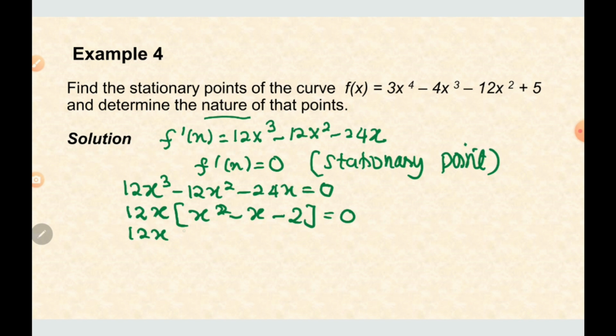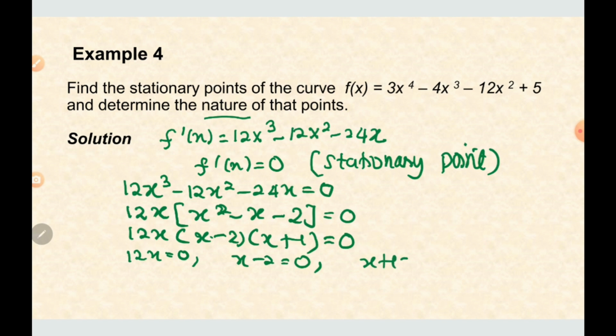Therefore we have 12x multiplied with x minus 2 and x plus 1 equals 0. So it's either 12x equals 0, or x minus 2 equals 0, or x plus 1 equals 0.